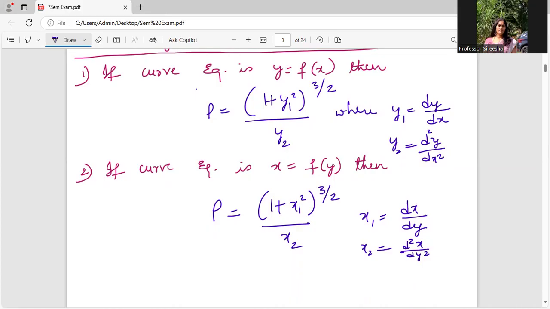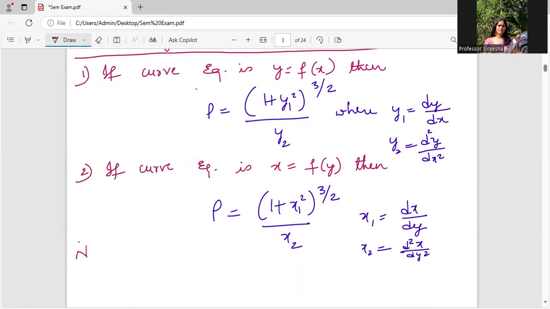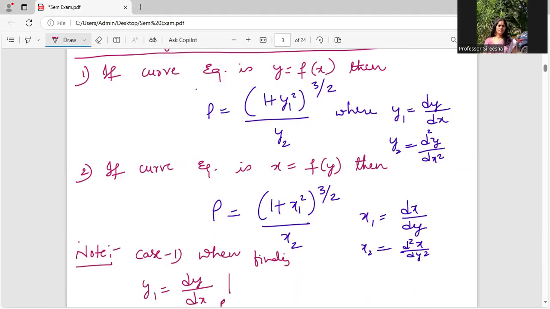So, there's an important note here which I want the students to keep in mind. Usually, in case one, when I am finding out y1, that is nothing but dy by dx, suddenly it so happens that at some point p, dy by dx goes to 0.